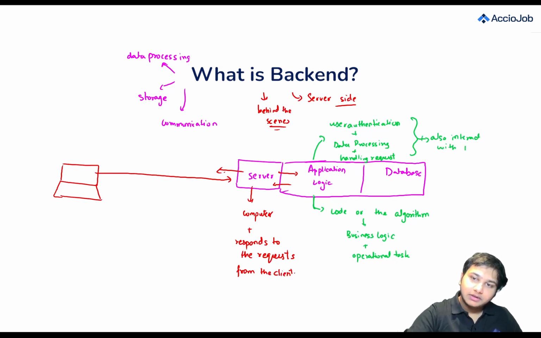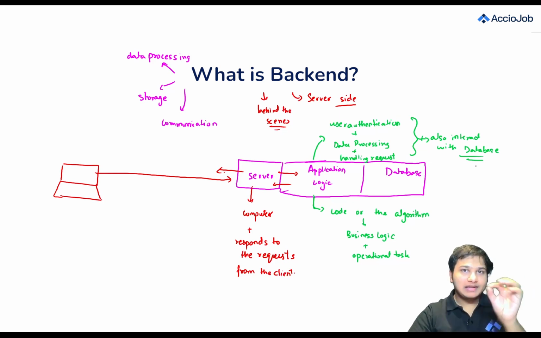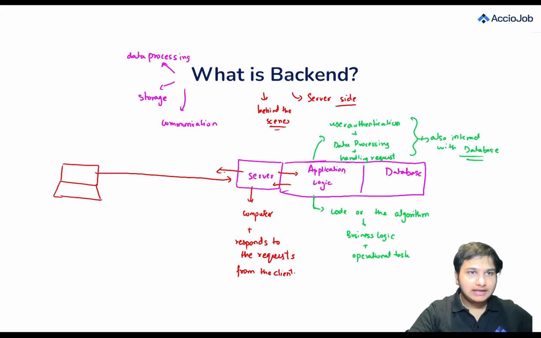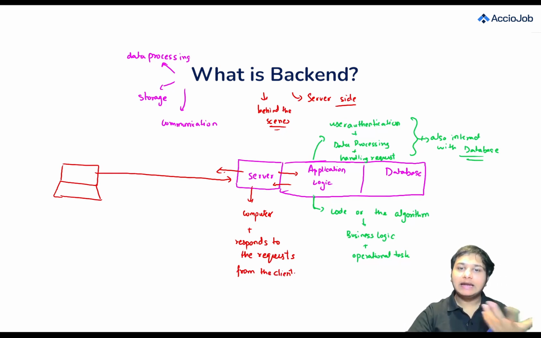This is a plus sign with database. So these are all the cool things the application logic could do, right? Application logic is a very powerful part, the heart of the backend. It basically has everything that the backend could do: data processing, handling requests from the front end, user authentication, interacting with databases, and maybe interacting with some external services. All that is done using application logic.